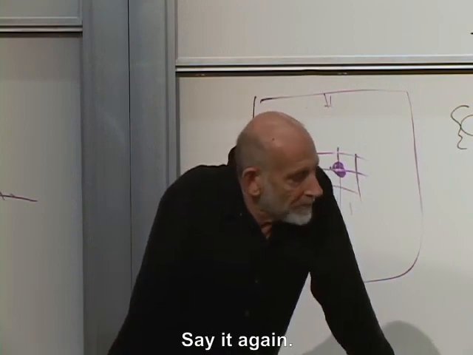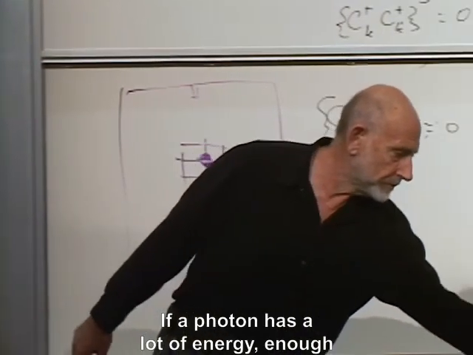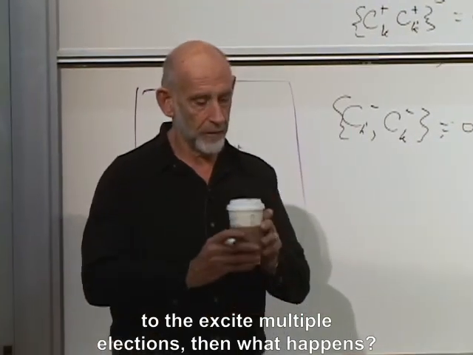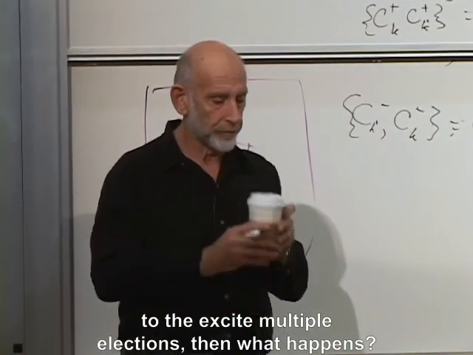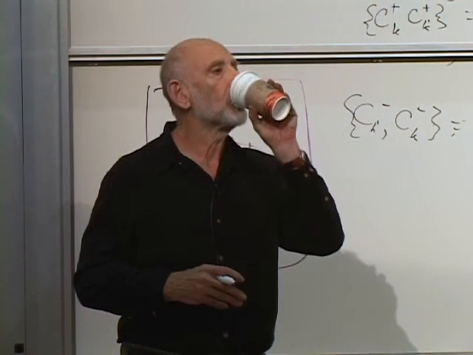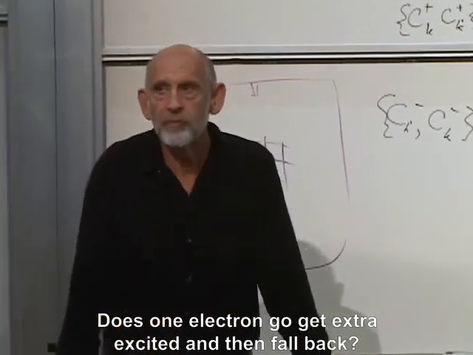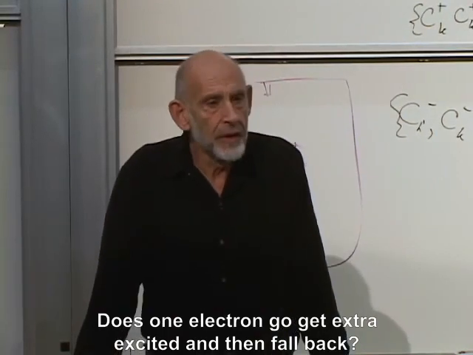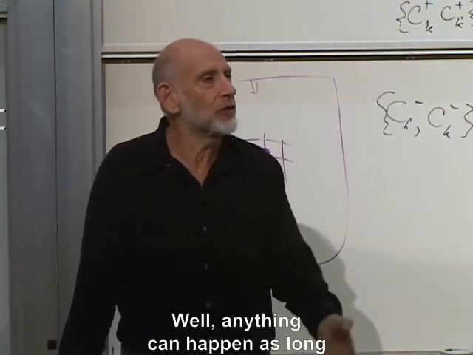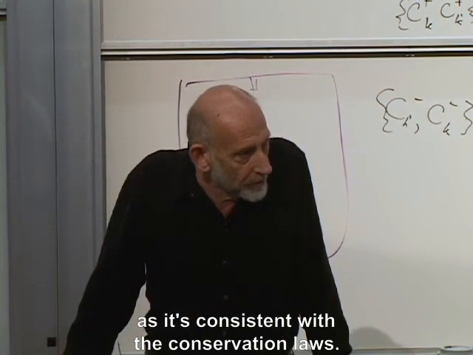If a photon has a lot of energy, enough to excite multiple electrons, then what happens? Does one electron get extra excited and then fall back? Well, anything can happen as long as it's consistent with the conservation laws.